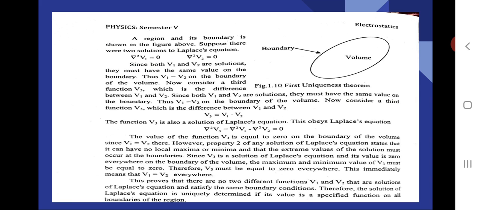This proves that there are no two different functions V1 and V2 that are the solutions of Laplace equation and satisfy the same boundary conditions. Therefore, the solution of Laplace equation is uniquely determined if its value is a specified function on the boundaries of the region.